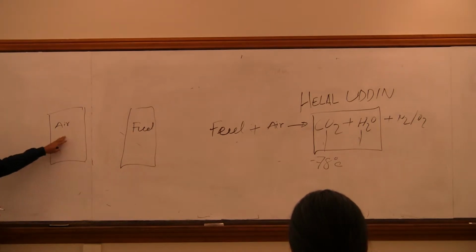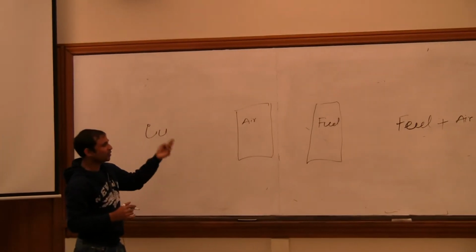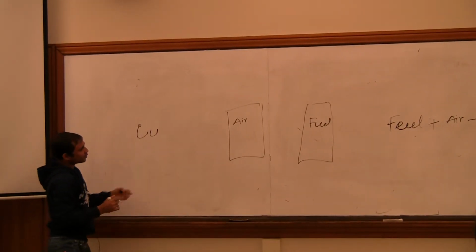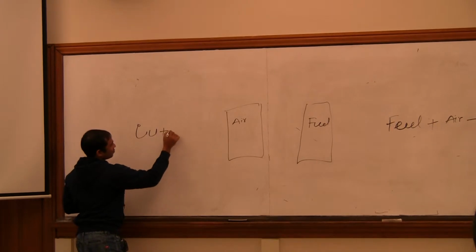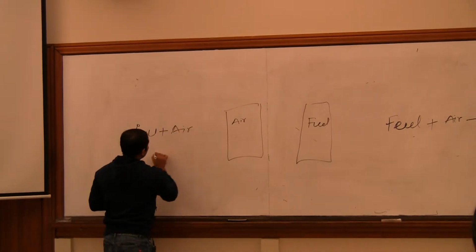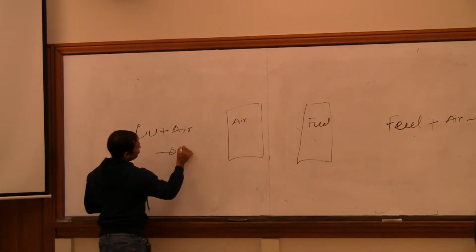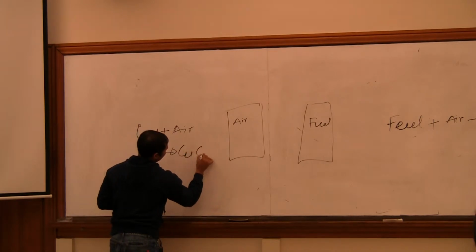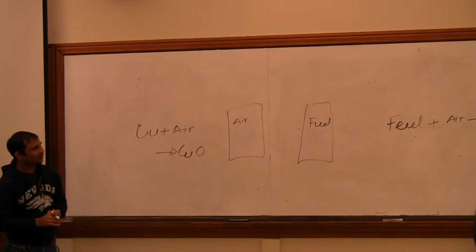In the air reactor, they use this material or metal that's called the looping material. That's why the name is chemical looping combustion. In the air reactor, you supply the air. This copper becomes oxidized and gives you copper oxide.